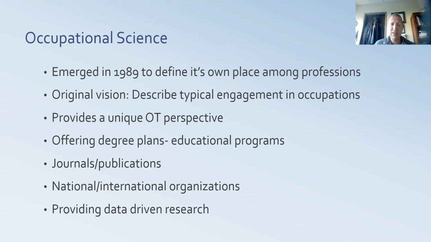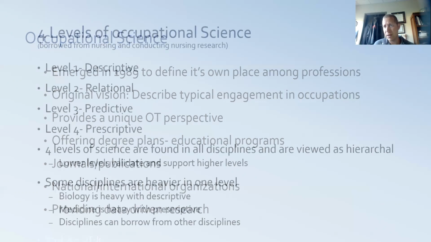And again, the purpose of that, when you're looking at journals, they're producing large amounts of peer-reviewed articles, right? And so that becomes our body of evidence. And so by having occupational science, by having international organizations, national organizations, journal articles, it's providing that data-driven research to add to our body of knowledge that shows just the importance and significance of occupation.